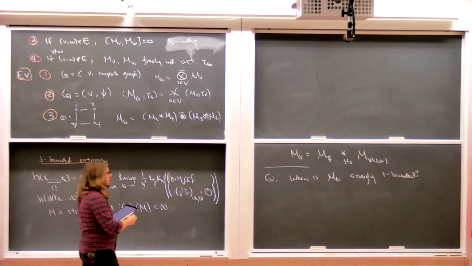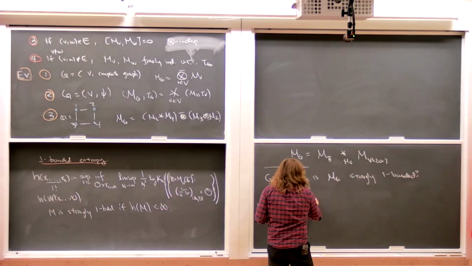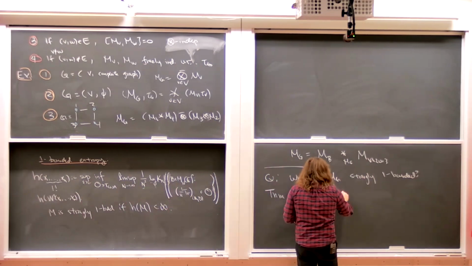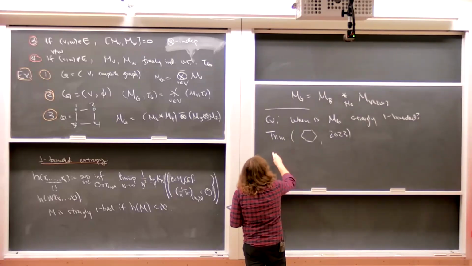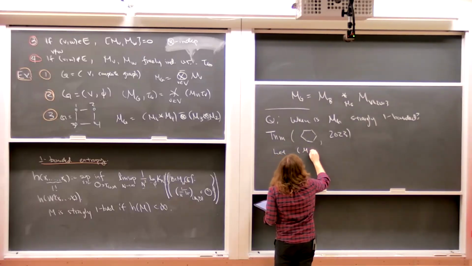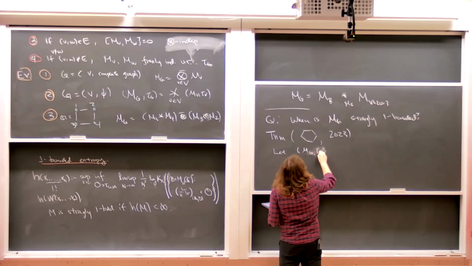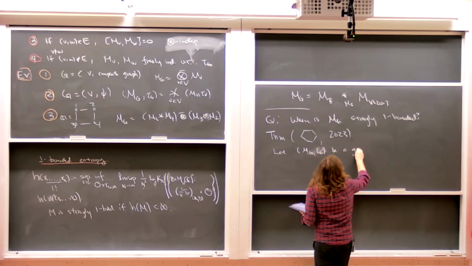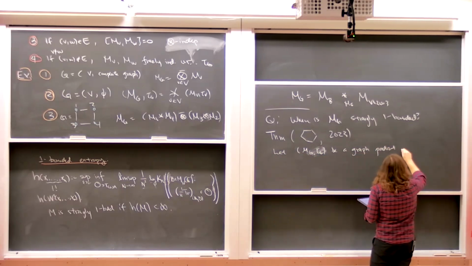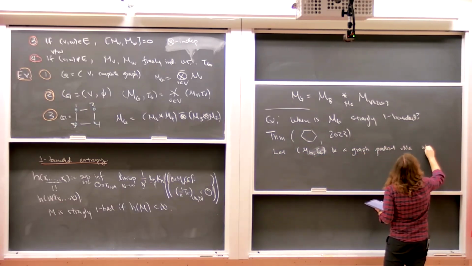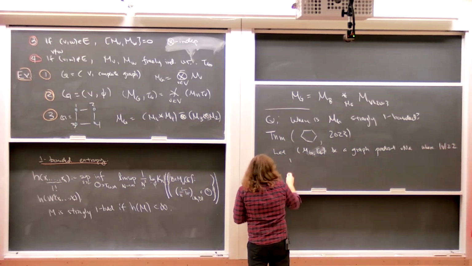So here's the theorem. There are 6 of us, so I'll just write a hexagon. Let M_G, tau_G be a graph product of von Neumann algebras, where I'm just going to demand my vertex set is at least 2, so this doesn't become trivial.